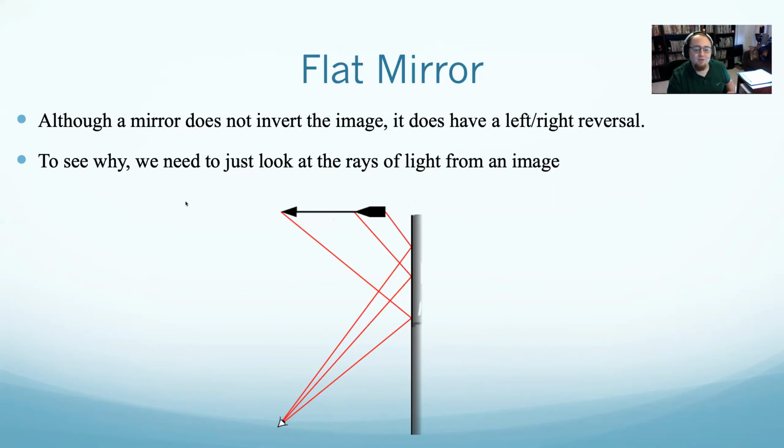If I follow these light rays further, this right here is the one for the tail, so I'll follow that up. This light ray was the one for the pointy part of the arrow, so I'll follow that up. And what you find is that the tail versus the pointy bit are in the opposite direction, so it flips it around. It's just following the light rays.